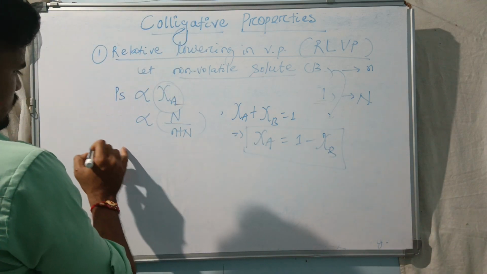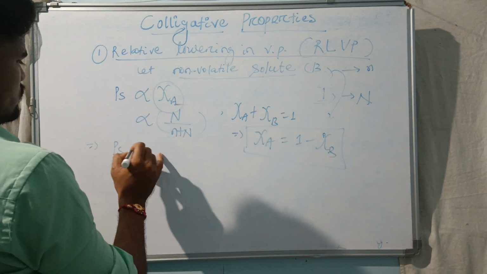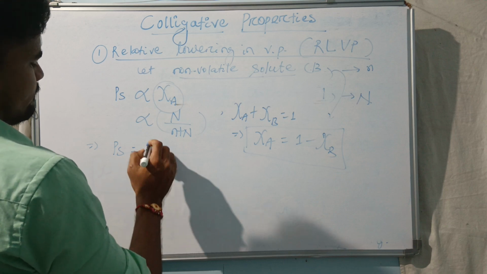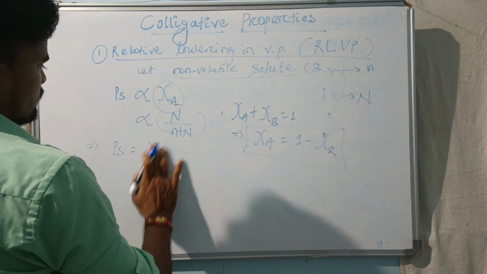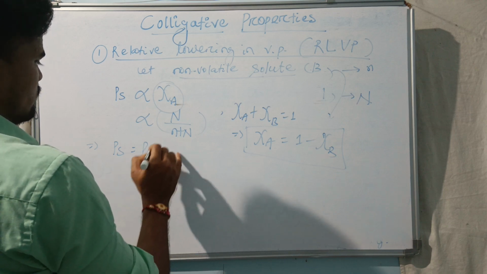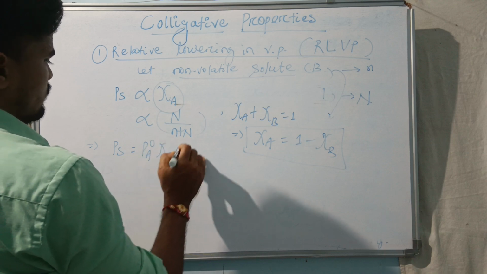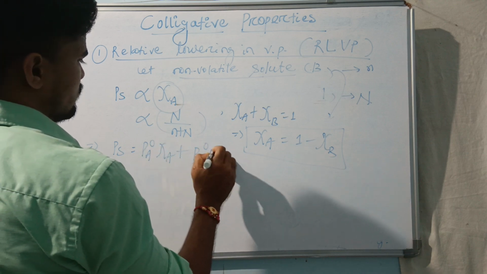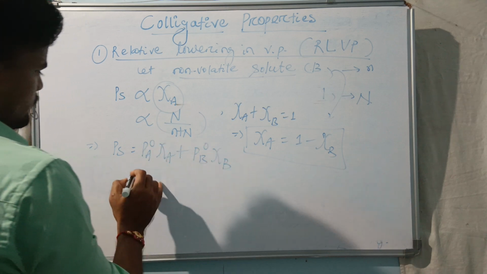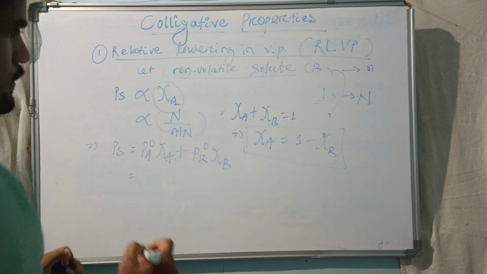So now PS is equal to PA naught chi A plus PB naught chi B, which is equal to what happened?